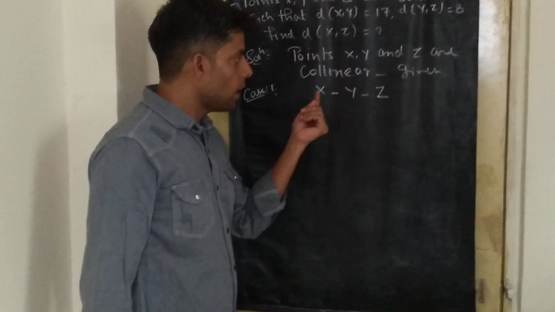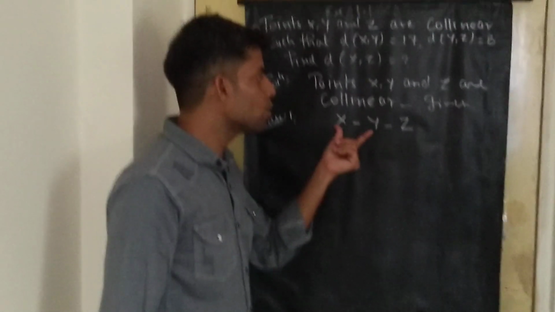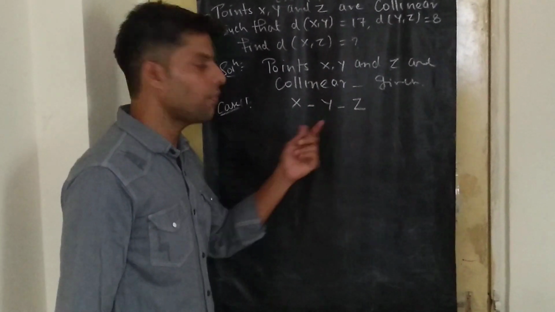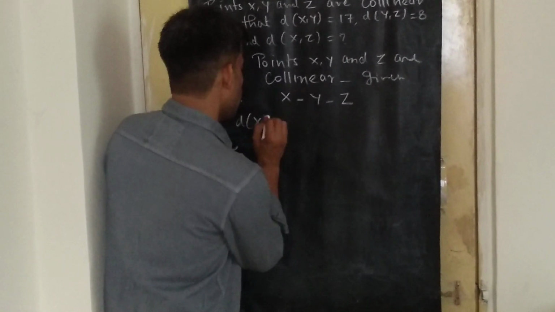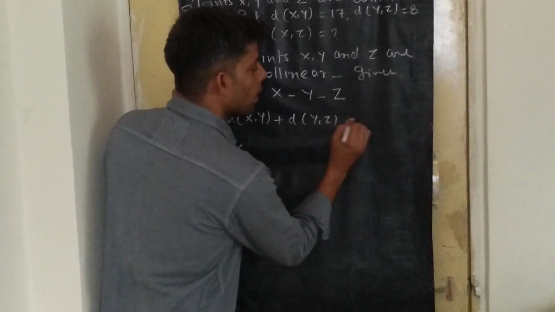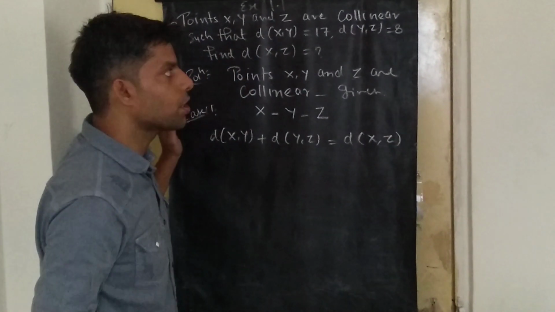Now let's see. As x-y-z, it means that distance of xy plus distance of yz is equal to distance of xz. Let us simply substitute the values.